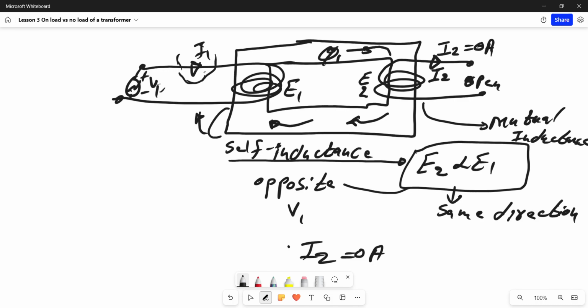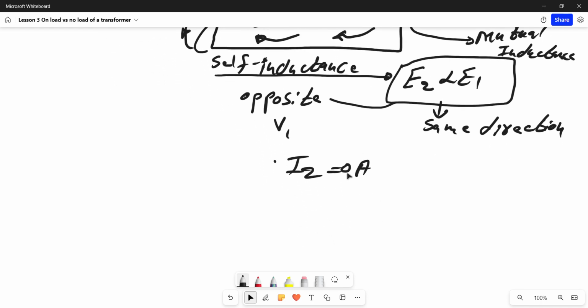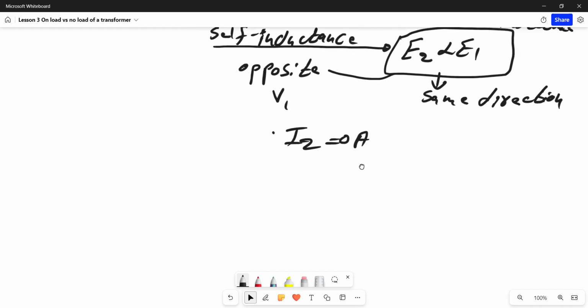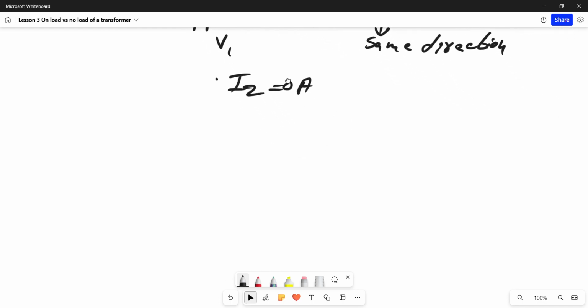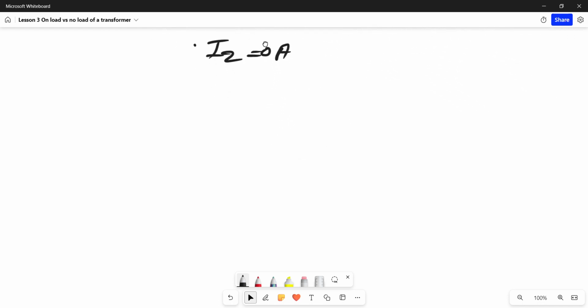Alright, so I would like us to move on to the second case. The second case, we are gonna look at the on load condition of a transformer.